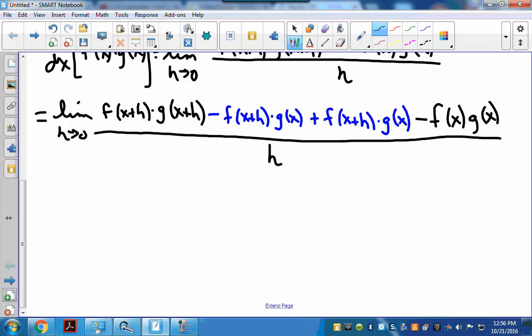Okay, now I'm going to break this up into two fractions that are added together. Limit as h goes to 0.